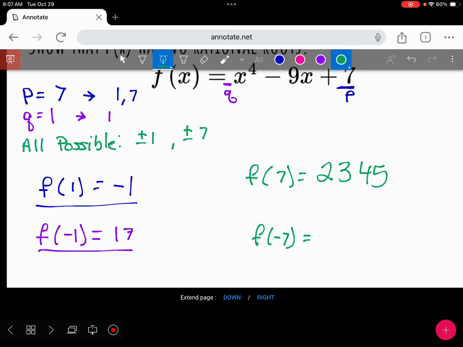Same kind of vibe with our negative 7. Make sure you are careful with your parentheses on your calculator. What do we get? 2,471. If you had a negative number there, you did not include your parentheses.